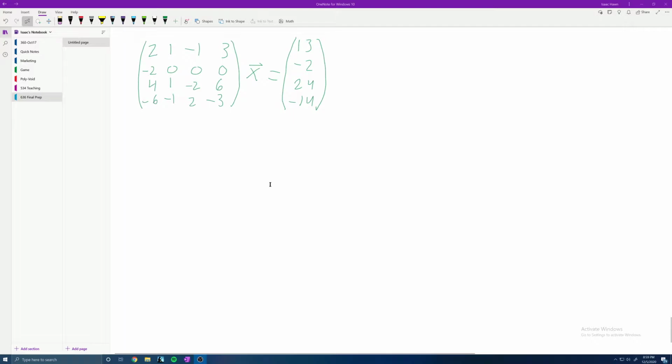And the way it works is that you convert this system right here. So this is the system AX equals B, right? You convert that system into a new system called UX equals Y. And U is going to be an upper triangular matrix.